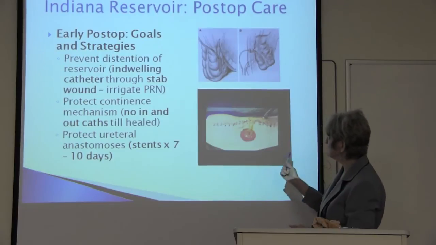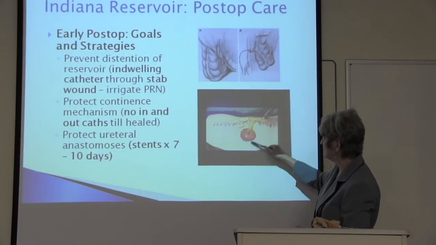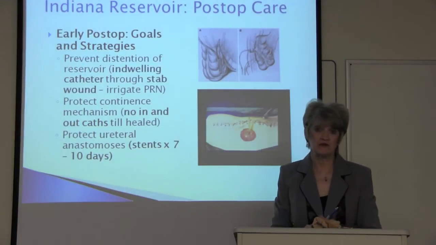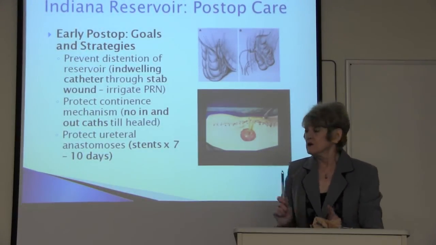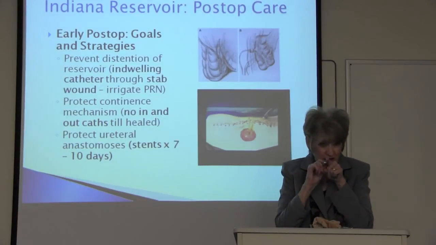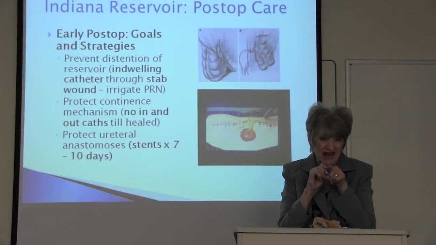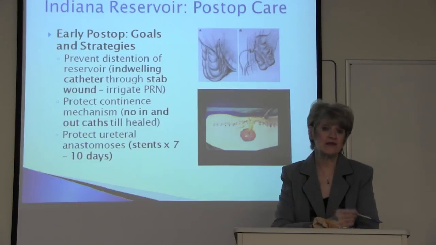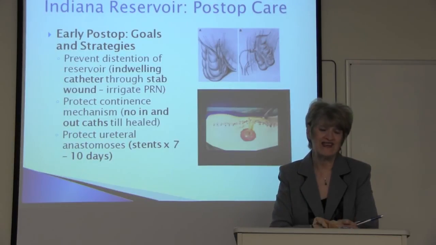And of course, you're going to protect your ureteral anastomoses. You're going to have stents placed through the ureters all the way up to the renal pelvis. Some surgeons will bring the stents out through the stoma because they're very narrow, and so they're very unlikely to traumatize the ileocecal valve. Some surgeons bring the stents out right beside the reservoir catheter, and they don't have anything passing through the ileocecal valve.